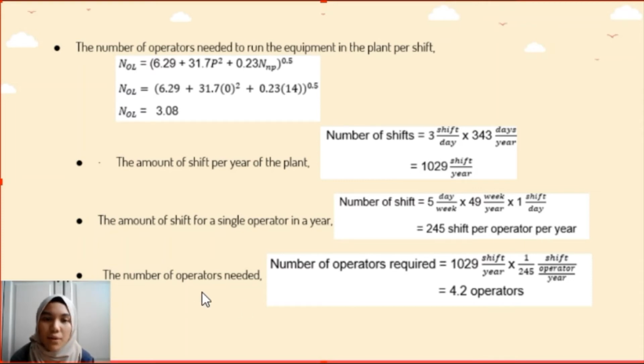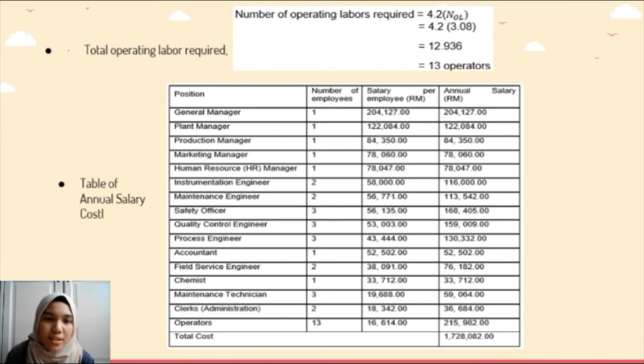The number of operators that we need, from the calculation here, is 4.2 operators. We multiplied the 4.2 by the NOL, which is 3.08, and the answer we got is 12.936.